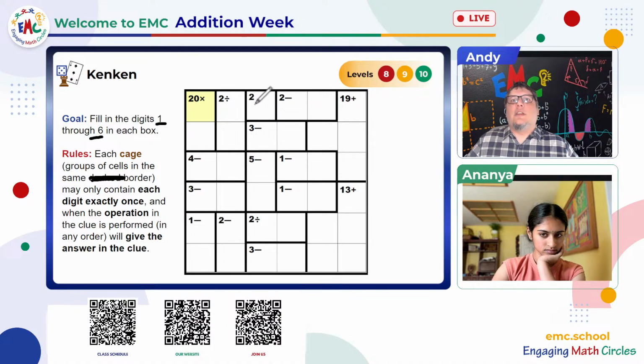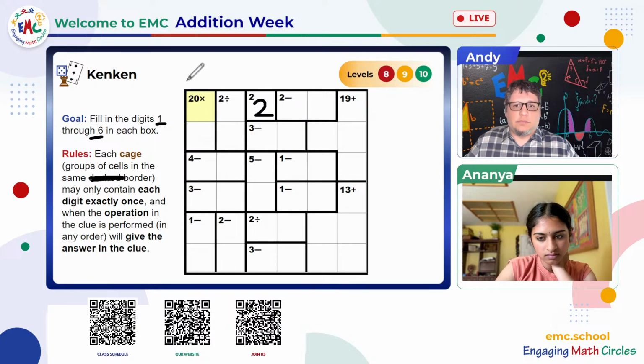Okay? So we can start with a free 2 here because there's no operation. But what 2 digits between 1 and 6 will multiply to give me 20? 4 and 5. So we know that these two have to be 4 and 5.